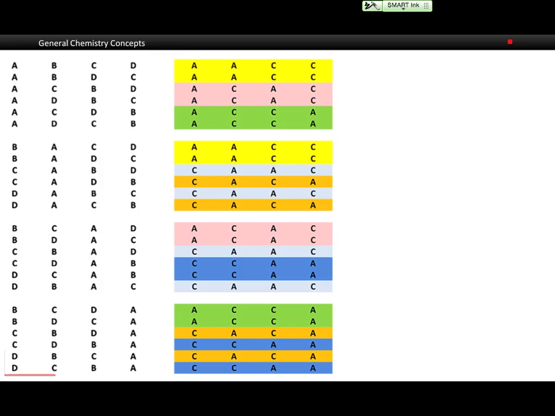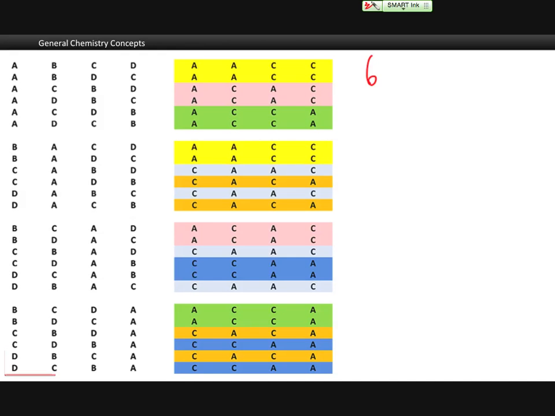So we started with 24 arrangements of A, B, C, and D, and hopefully you've now figured out that there are only 6 unique ways of arranging them if there are twofold degeneracies of A and B and C and D.